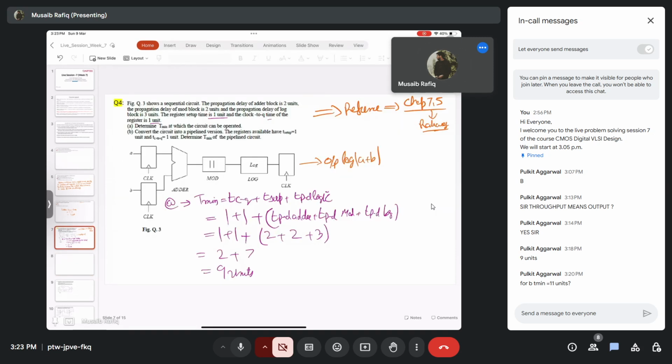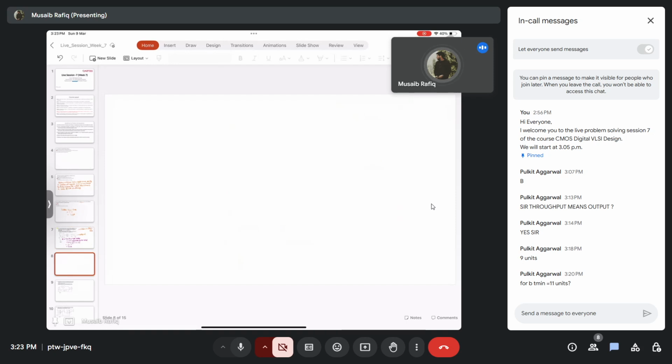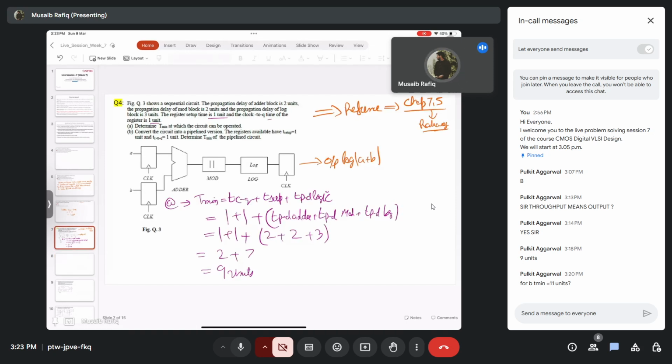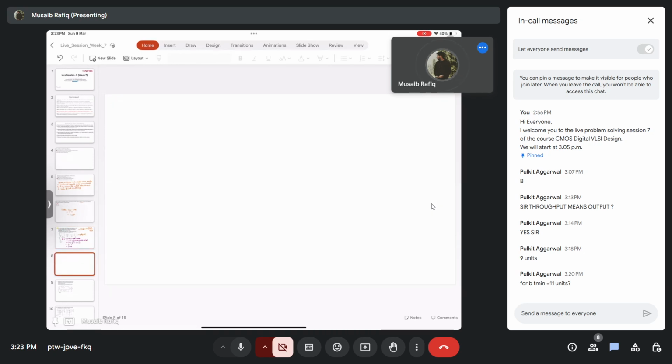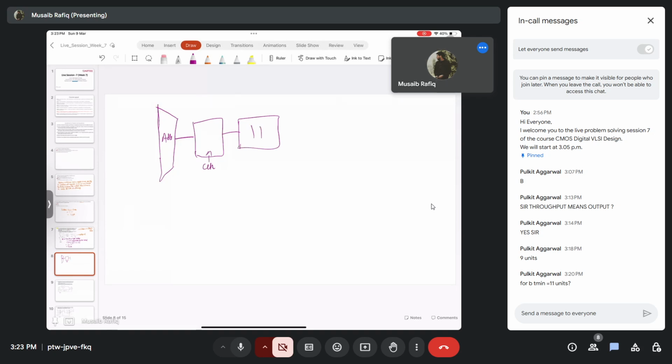Now what happens here is we'll do pipelining. What pipelining means is that after each block we'll add registers. So in this figure, after the adder block I'll have a register, then I have my mod block which will also be followed by a register, and then I have a log block which will also be followed by a register.